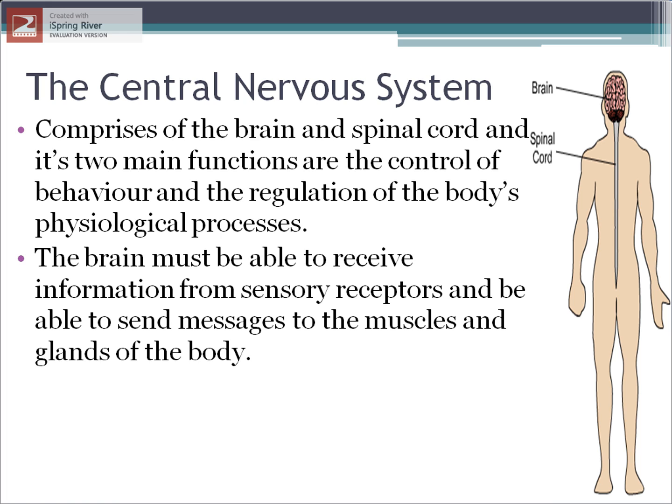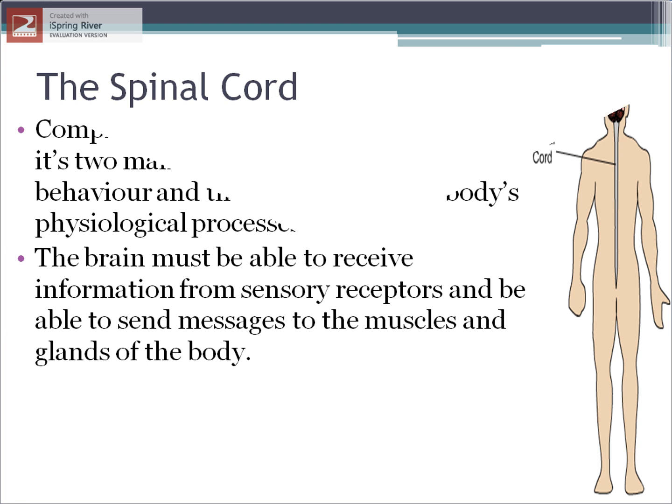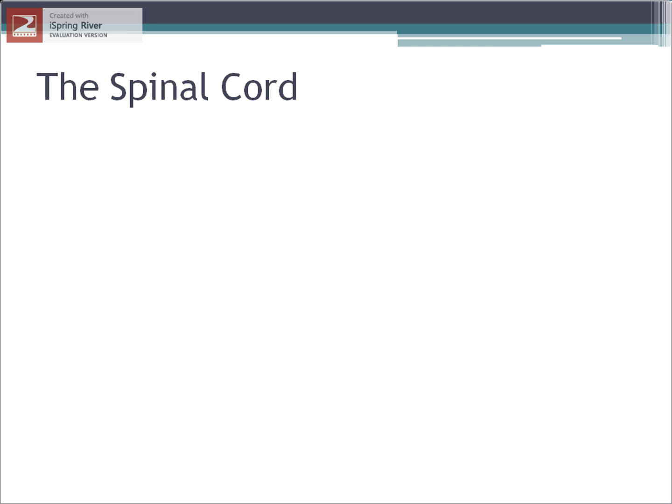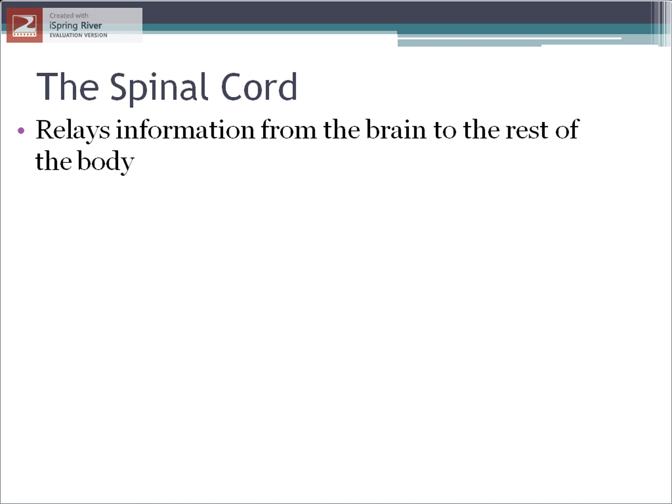This involves the spinal cord, a collection of nerve cells that are attached to the brain and run the length of the spinal cord. The main function of the spinal cord is to relay information between the brain and the rest of the body.